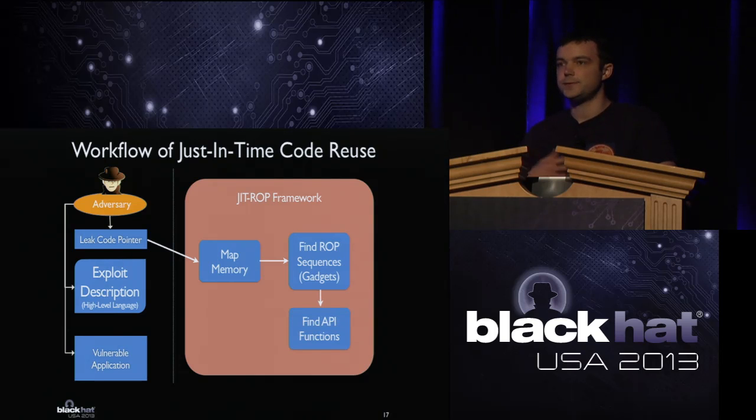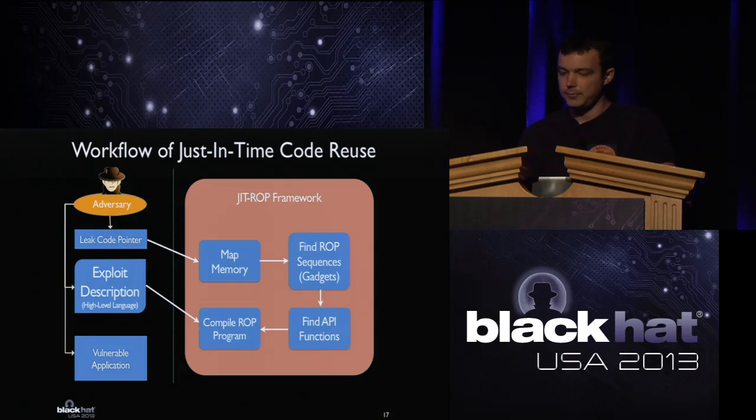Next, because any useful payload that an adversary might want to run does eventually need to interact with the operating system, and the canonical way of doing that is through API calls, we're going to need to search for the API calls that the adversary requires in their exploit description and provide those back to them. Finally, we take all the information that we collected in all of these steps, as well as the adversary's exploit description, which is just this high-level language, and we dynamically compile a ROP payload based on all the information we found.